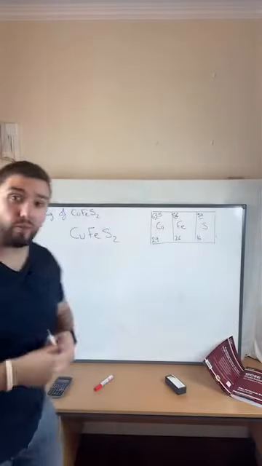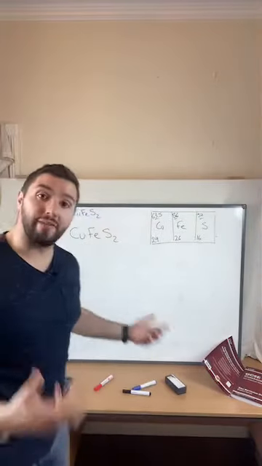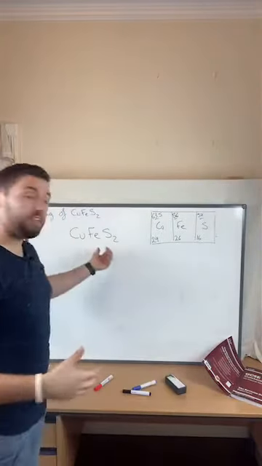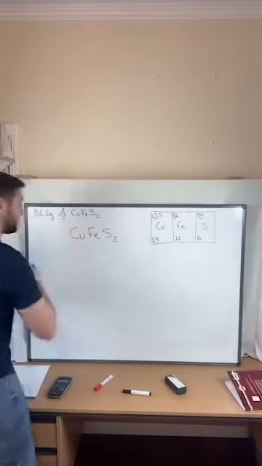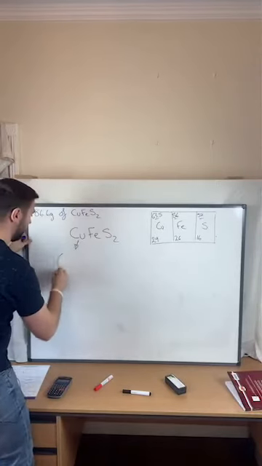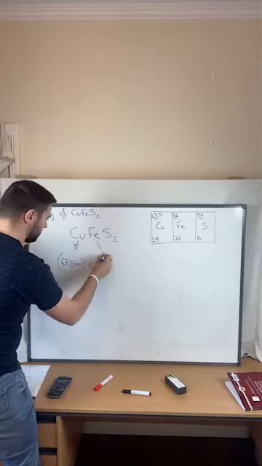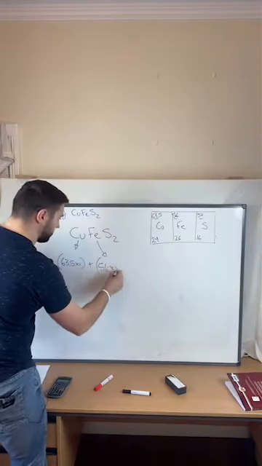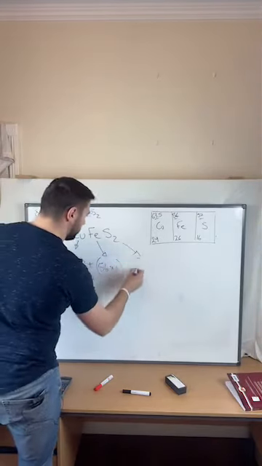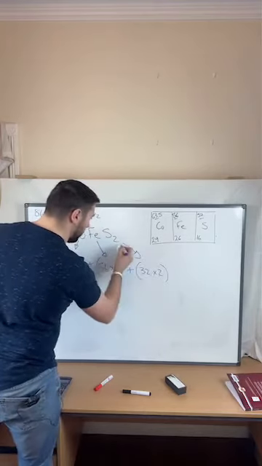Okay, so the first job that we have is that we need to figure out what is the relative formula mass of CuFeS2. Same as what we were doing earlier, we take Cu, we have one of them, and we're multiplying it by 63.5. So 63.5 times 1, plus iron. Iron is 56. We have one of them, so it's times 1. And then S, we have 32 times 2, because we have 2 of them.